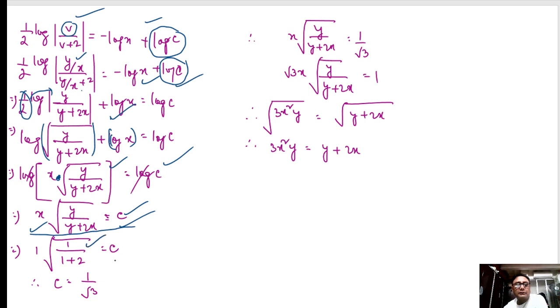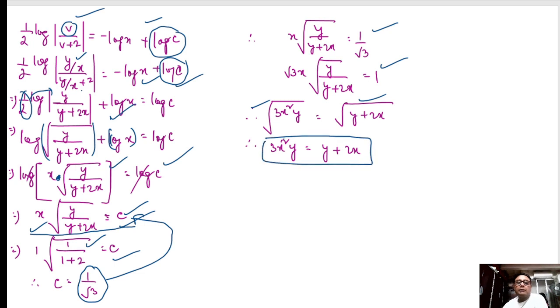We calculate this. c is coming root 1 by root 3. So now replace 1 by root 3 here in this equation, and we get this. And removing the root, squaring both sides, this is the solution of this equation. Okay.